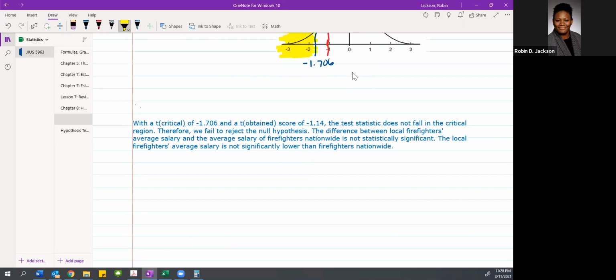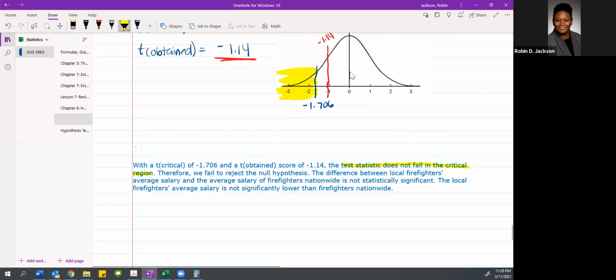So with the T critical of negative 1.706 and a T obtained score of negative 1.14, the test statistic does not fall in the critical region, which you can see clearly.